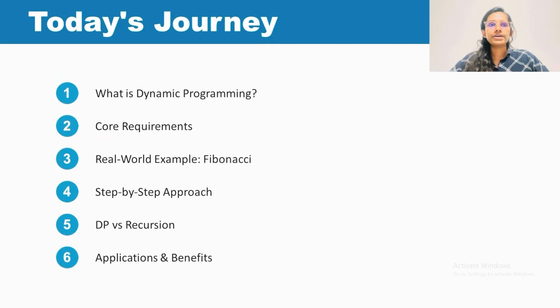Before we dive in, let me give you a roadmap of where we are headed today. We will start by defining what dynamic programming actually is and understanding its core purpose. Then we'll explore the two essential requirements that make a problem suitable for dynamic programming. After establishing the foundation, we will work through a classic example, the Fibonacci sequence.